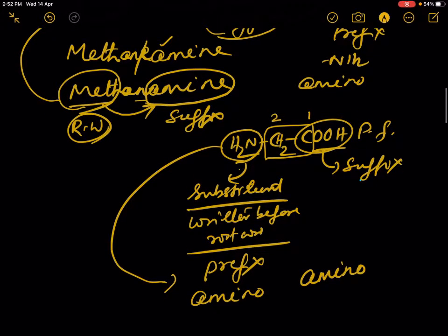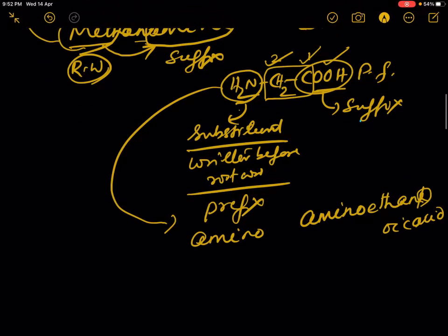So let me write amino. For 2 carbon atoms, it is eth. For carbon-carbon single bond, it is ane. Then for this group, it is oic acid after removing this E. So the name would be amino ethanoic acid.